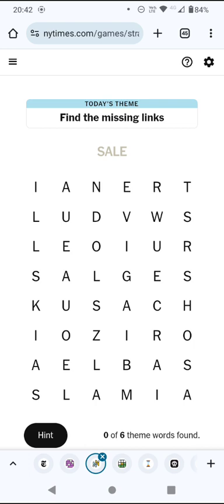What other missing links could it be referring to? What about up here? If it starts STR, I cannot see how that word could end. So is it going to end RTS or RST or something like that? I don't know. Tricky.